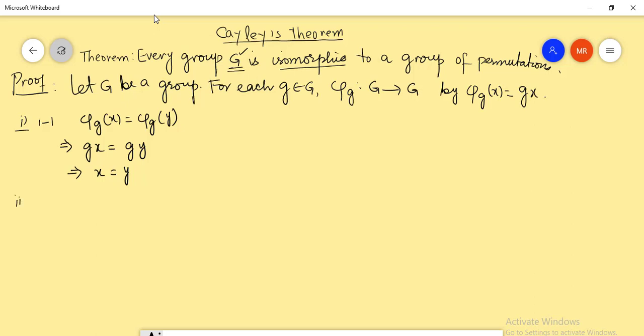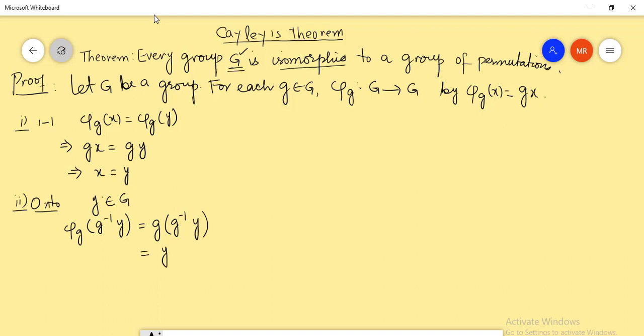Now we prove that this mapping is onto. To prove that this mapping is onto, we consider any element y of the group G. Then we can see that this element y is the image of the element g inverse y, because phi_g of g inverse y is equal to g times g inverse y, and using associativity, this is equal to y.